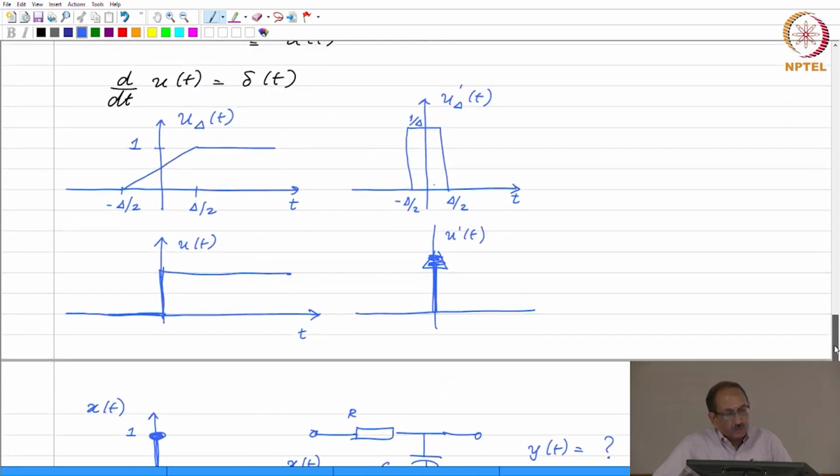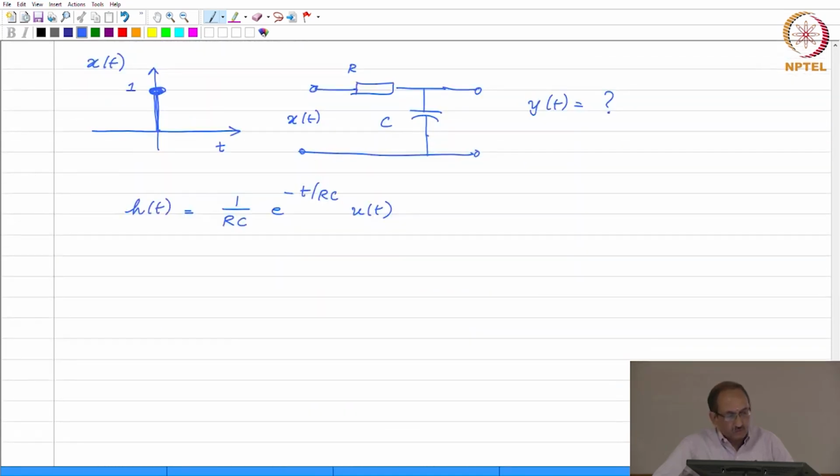Just to wrap up, delta of t, the way we'd like to understand delta of t is as a shorthand notation, because we are engineers, we deal with practical systems and signals.